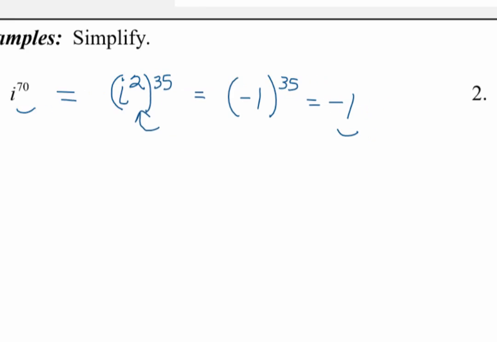Okay, let's go to i to the 55th. All right, so think about this. How many groups of i squared can we make in 55? There's 55 i's, right? So we can take 54 of those i's, because that's an even number, and separate them in 2's. And with 54, that would mean that we would have 27 i squared groups. And that gives us 54 i's, but we have 55.